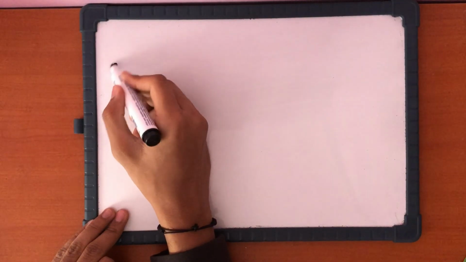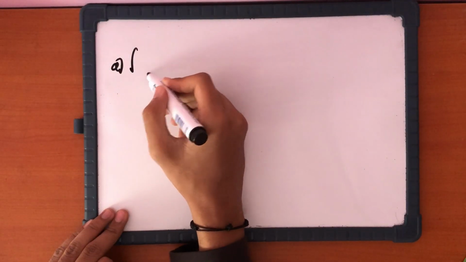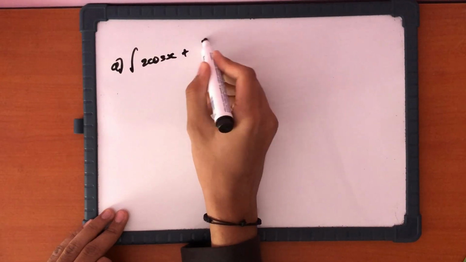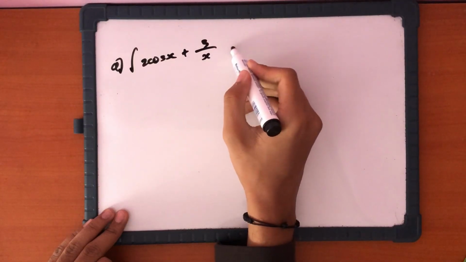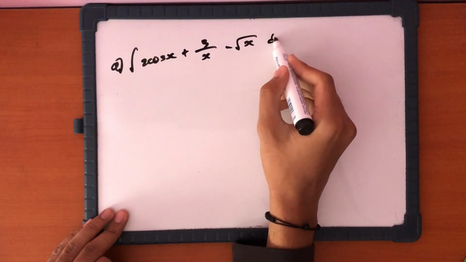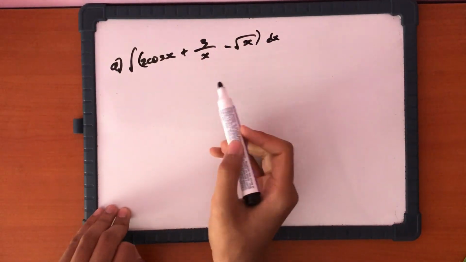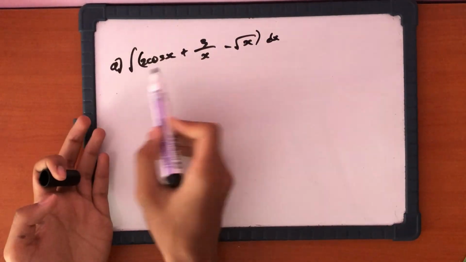So let's see some examples in the textbook. The integral of 2 cos x plus 3 over x minus root x dx. The integral sign is distributive, so you can integrate each term separately.